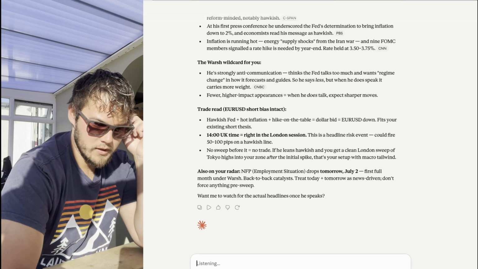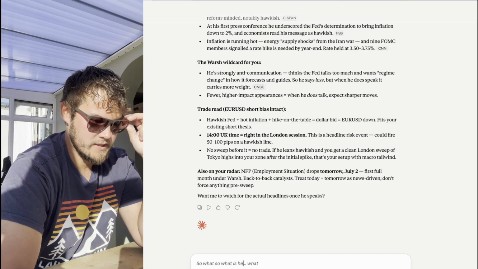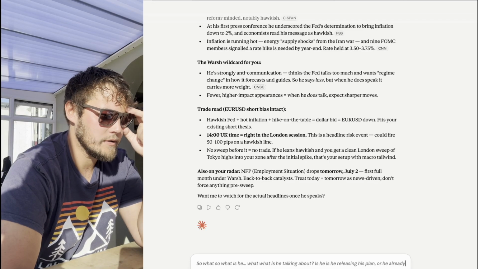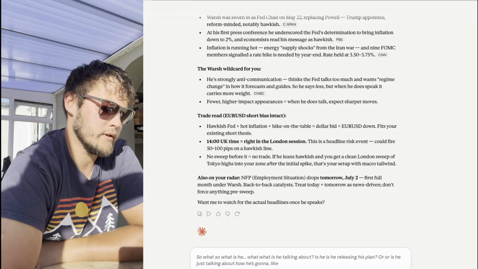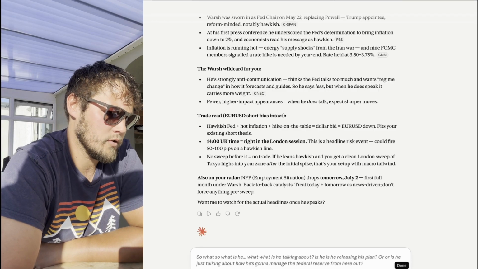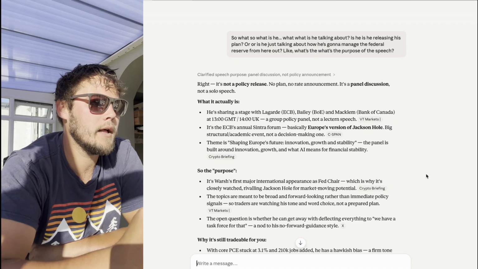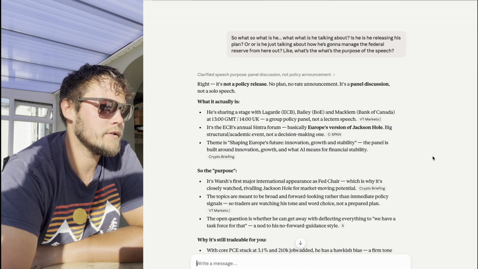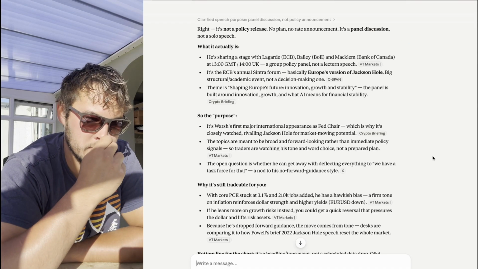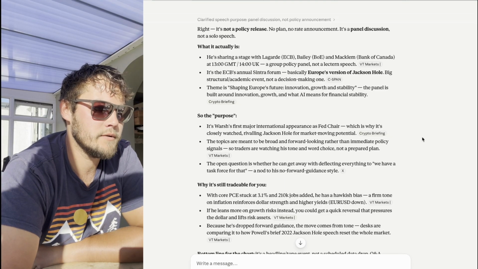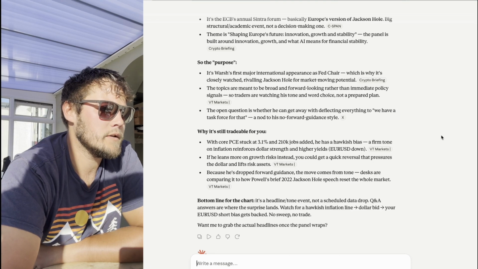So what is he talking about? Is he releasing his plan, or is he just talking about how he's going to manage the Federal Reserve from here out? Like, what's the purpose of the speech? Yeah, it's not a policy release, no plan, no rate announcement. It's a panel discussion, not a solo speech. Okay. So the purpose is Warsh's first major international appearance as Fed chair, which is why it's closely watched.